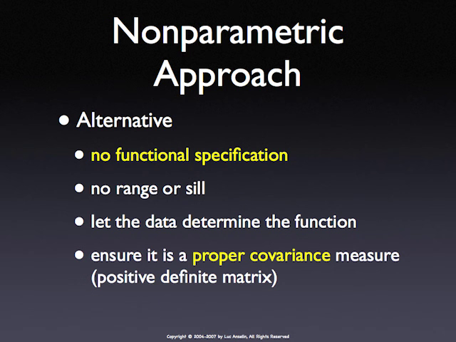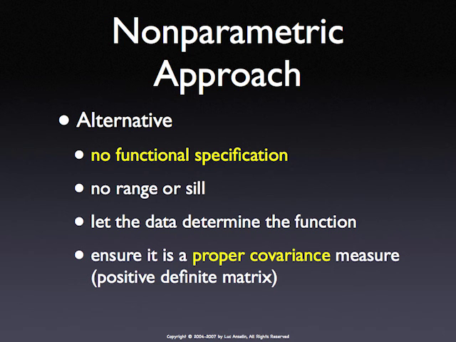So the non-parametric approach, the drawback of that is that you have no guarantee from just fitting a function to the data that what comes out of this is actually a proper covariance. In the parametric approach, you get it by construction, because you only pick functions and you only allow parameter values, by constraining the parameter space, that in fact give you a positive definite variance covariance matrix. So you don't have to worry about it.